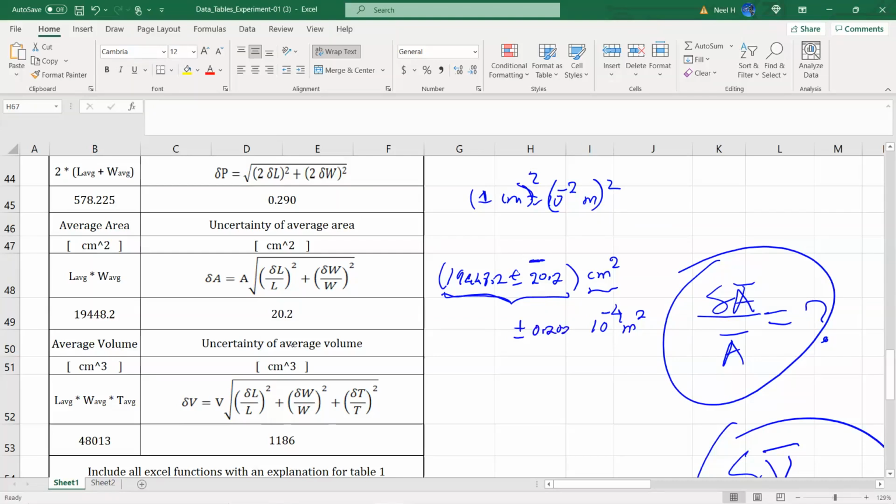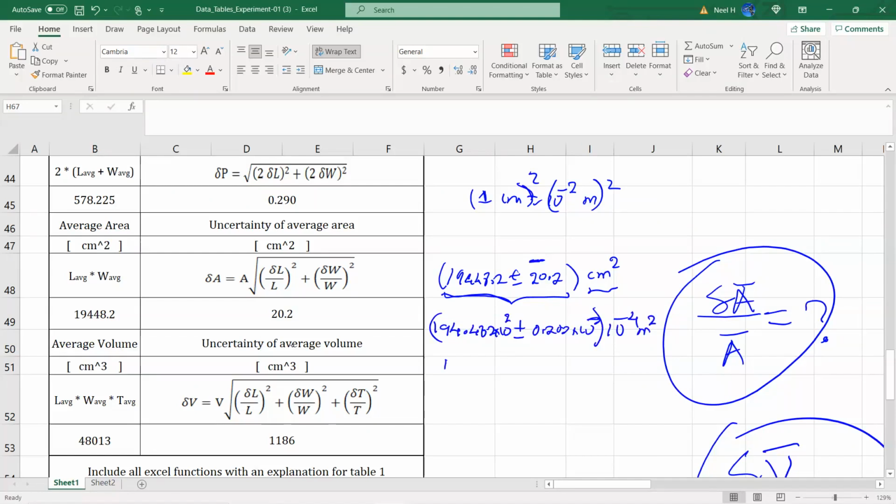That 0.202 will reflect into the power positive 2. And this number I can also write the same way, 194.482, then 10 to the positive 2, in parentheses, 10 to the negative 4 meters square.